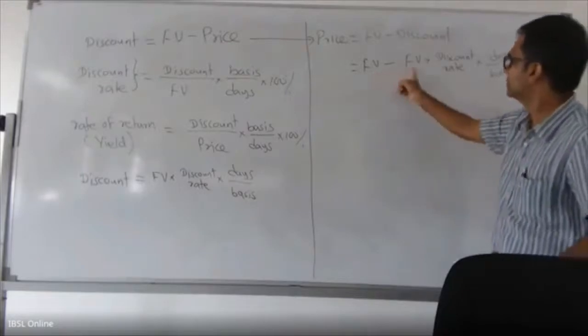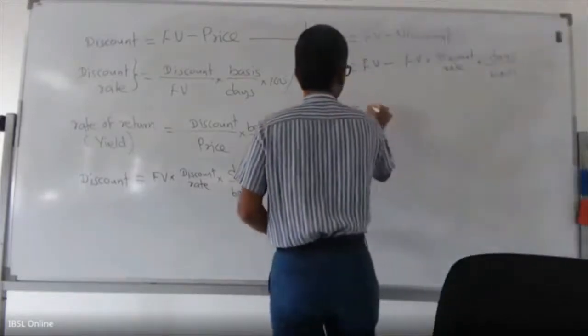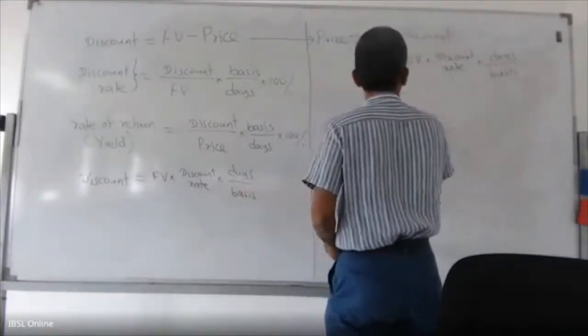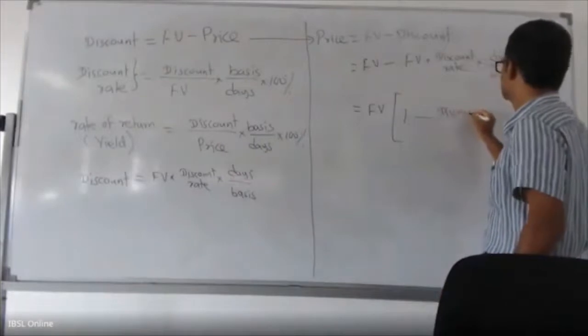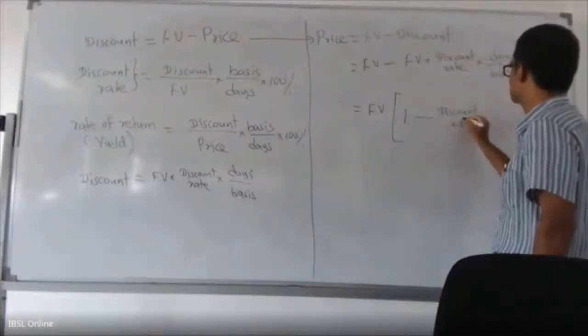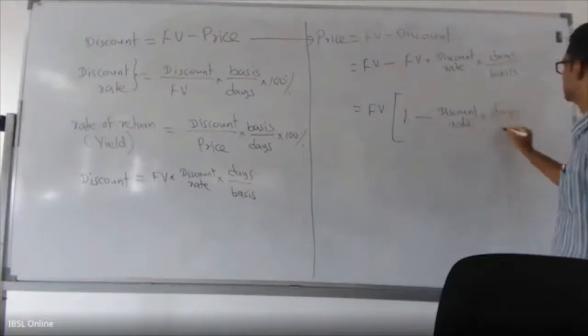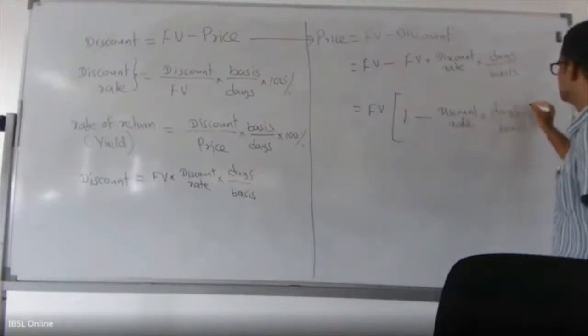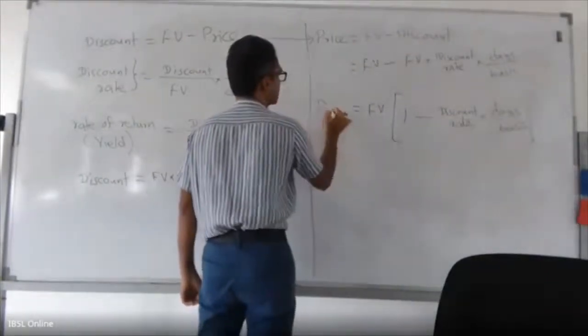Now the face value is common. We can take it out. Face value 1 minus discount rate into base over basis. That is price.